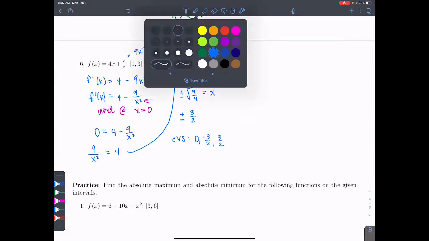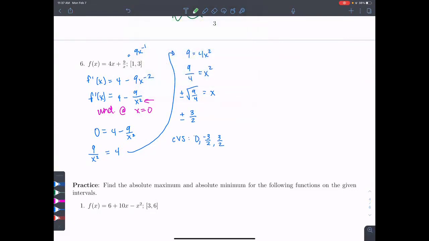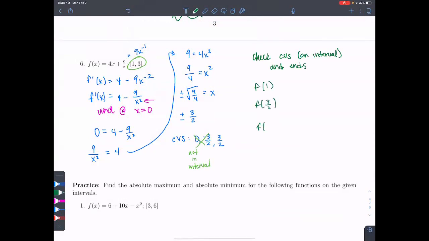We do not need to worry about either of these because they're not in our interval. Our interval is from 1 to 3, so we're not going to worry about 0 or negative 3/2. Okay, but then we are going to check these. Check CVs on the interval and the endpoints. So we're looking at f of 1, f of 3/2, and f of 3.